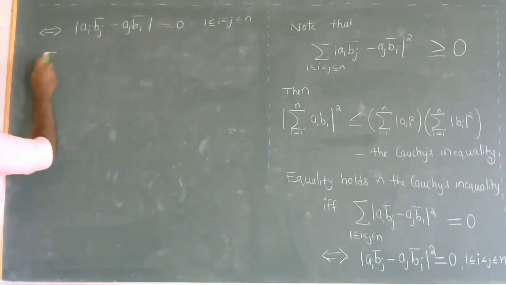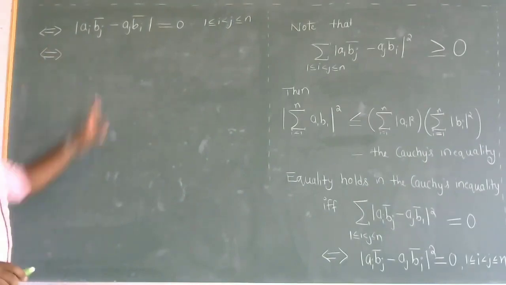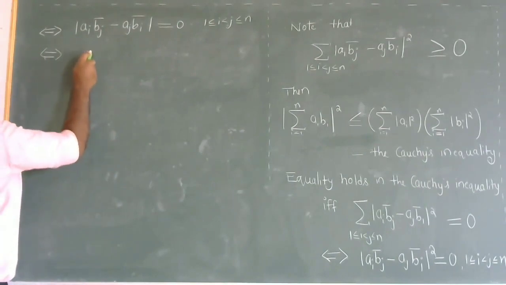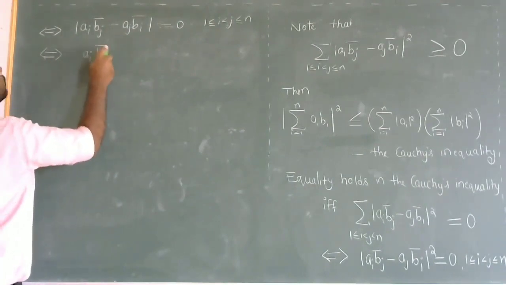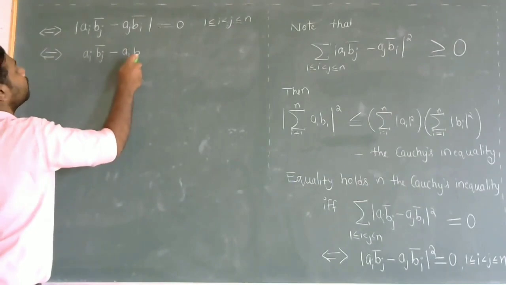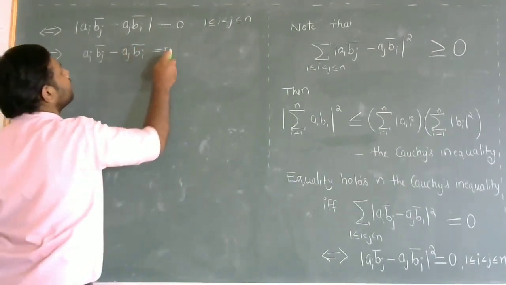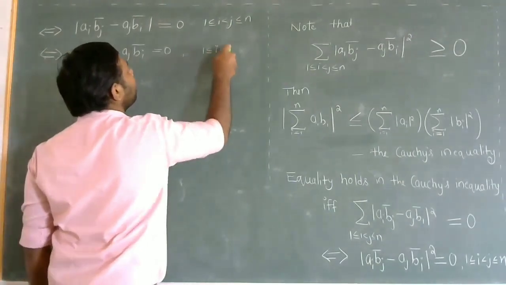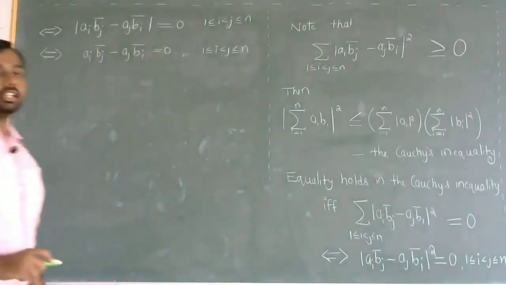And one more thing here: you know that the modulus of some number is 0 if and only if the number is 0, which is true for all possible values of i and j.